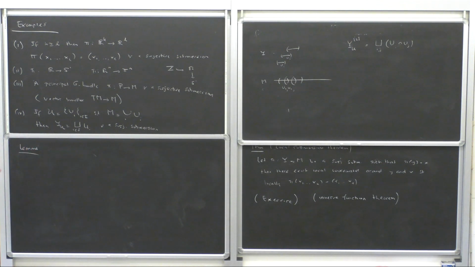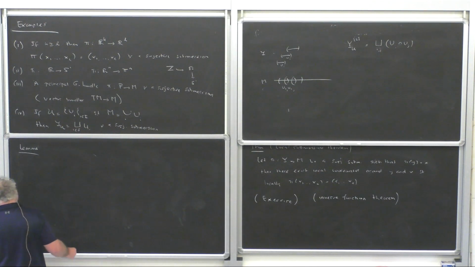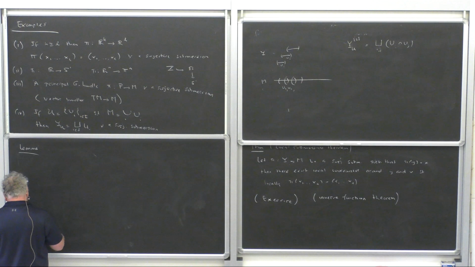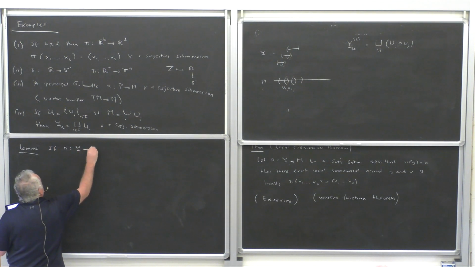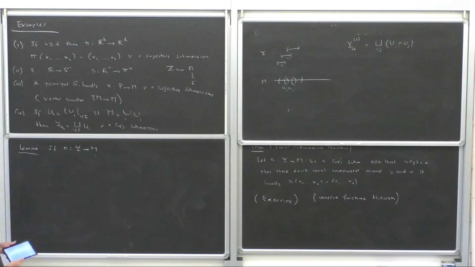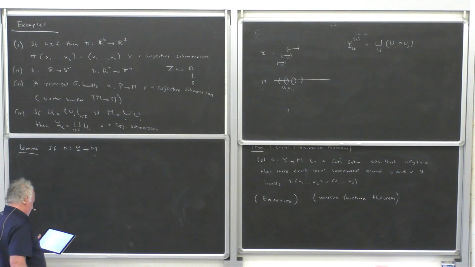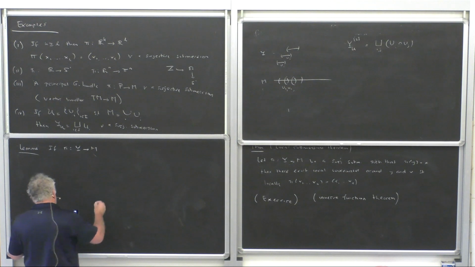So I want to give you some idea how general these surjective submersions are and what they typically look like. Now in fact, the statement that pi is surjective often comes for granted.